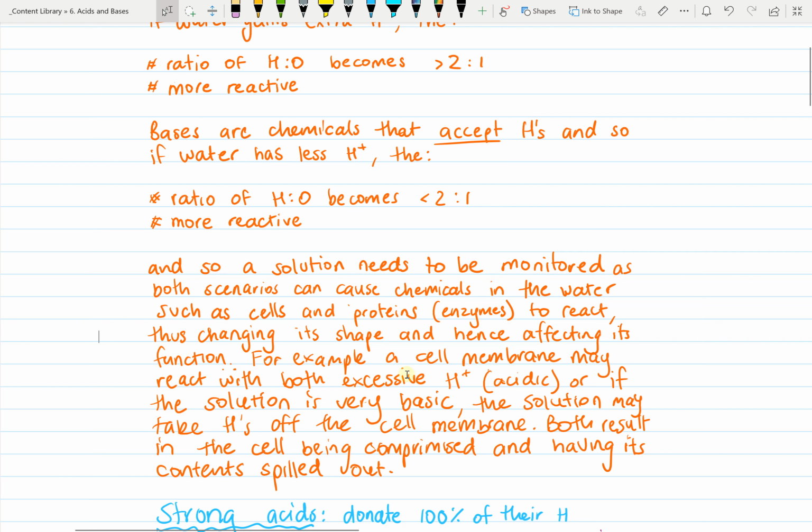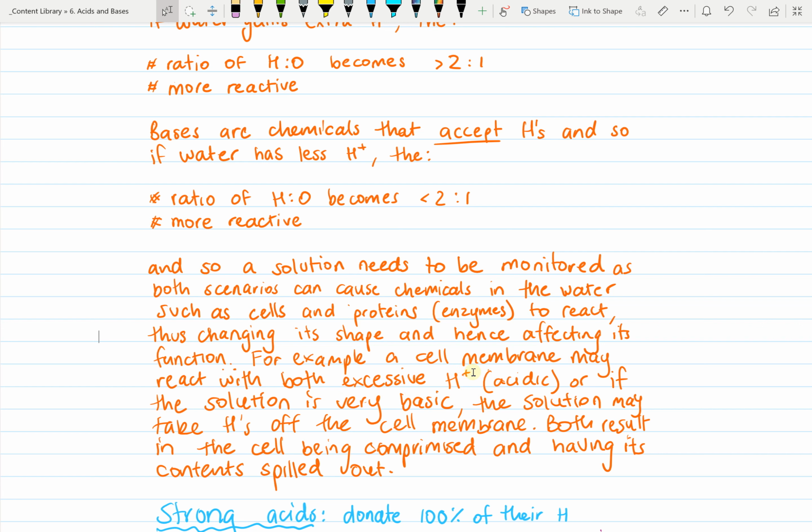If we just focus on the cell membrane and you have your cell membrane in an excessive hydrogen solution, then that excessive hydrogen might react with the cell membrane, cause it to change shape, kind of compromise it on the outside, and all its cell contents can just spill out.